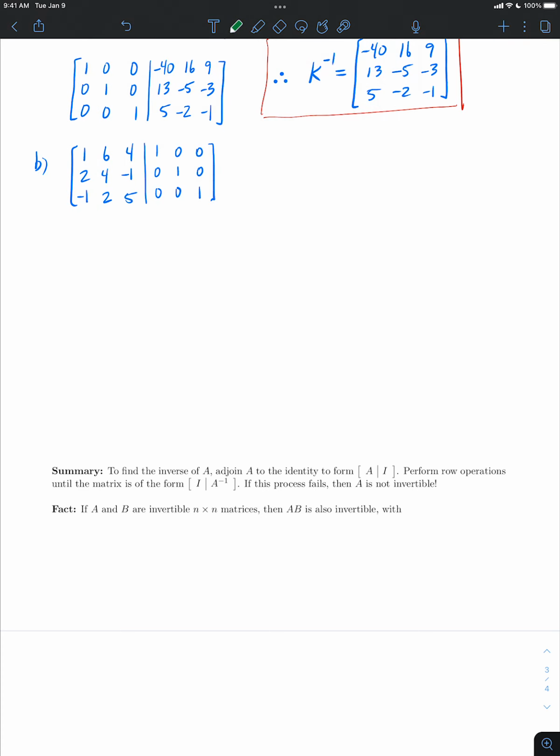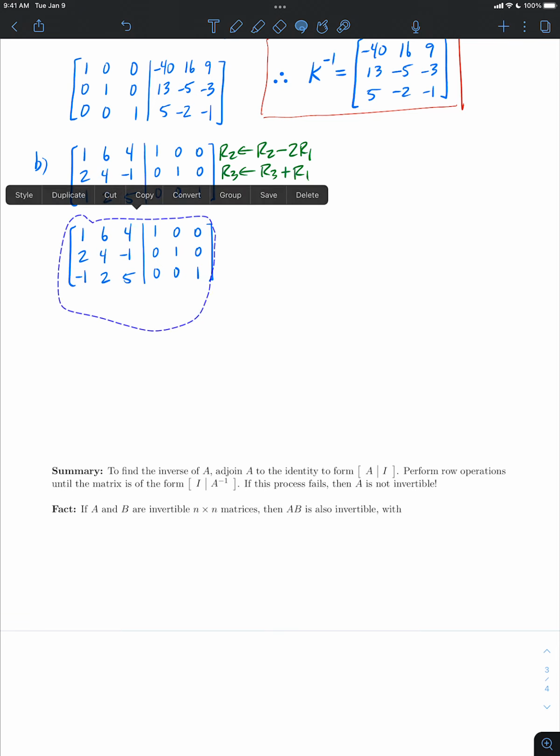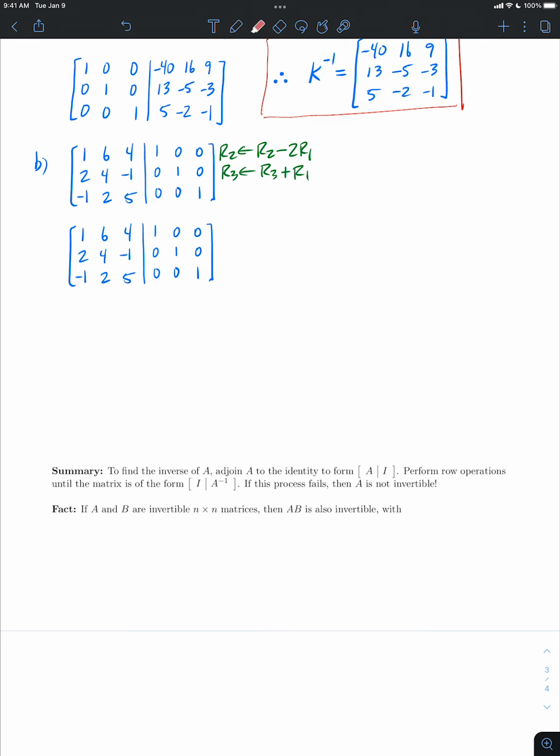These need to be zeros. So let's take row 2 and replace it with row 2 minus 2 row 1. And then row 3 will be replaced with row 3 plus row 1. Okay, so what's that going to give us? So row 2 and row 3 are both going to change. So what's going to happen to row 2?